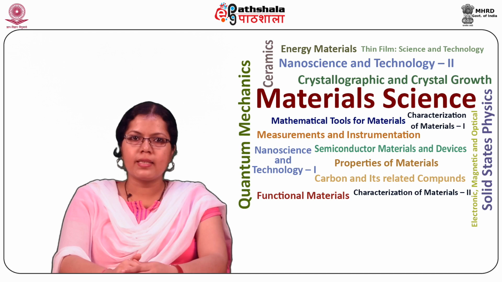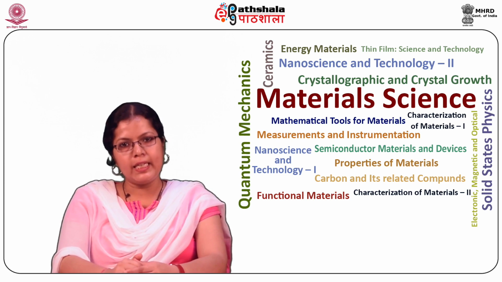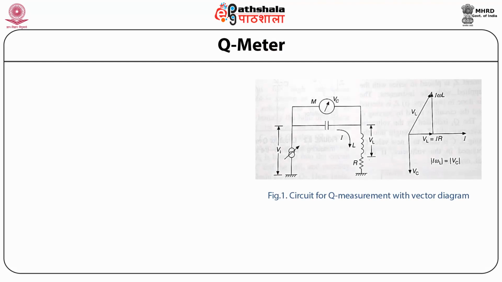Power factor is defined as a parameter which determines the usable power, which is different from the part that is reactive in nature. So students, now let us start with the Qmeter.